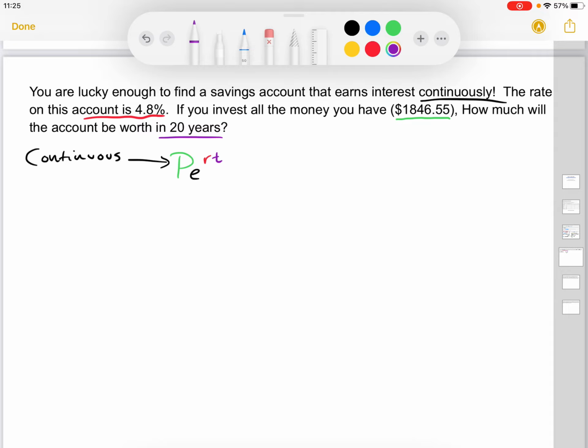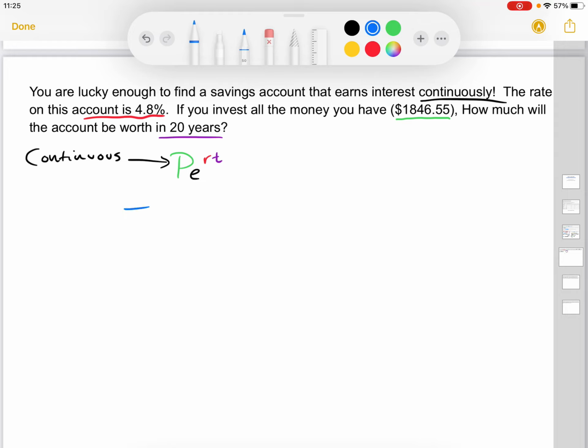Okay, hopefully you had an opportunity to plug in a few numbers into this formula. But if not, here is what we're going to end up with.